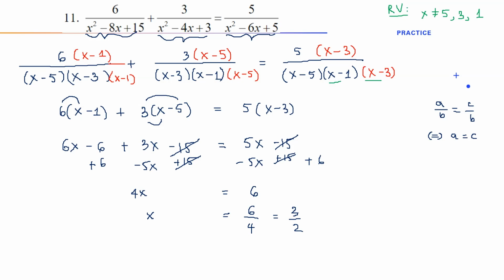Is that x equal 5, 3, or 1? If it's not those values, it's good to go. That's the final answer. If it's one of those restricted values, we could not take it. But in this case, yes, it worked.